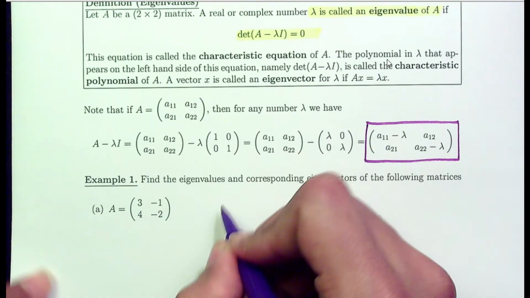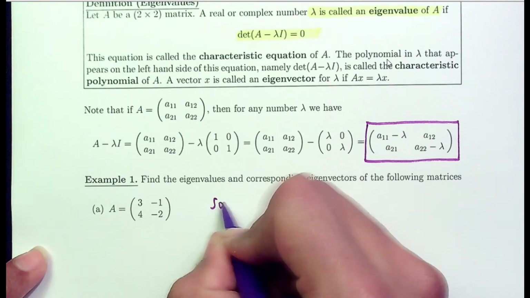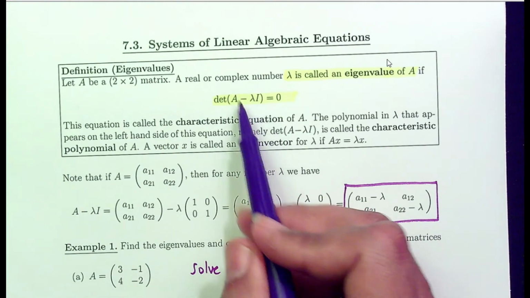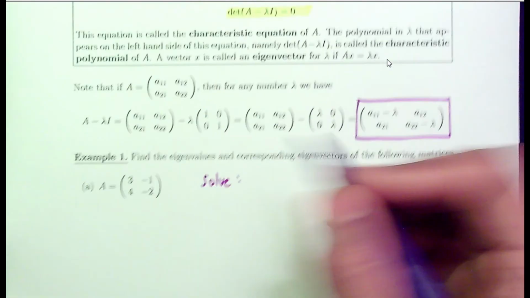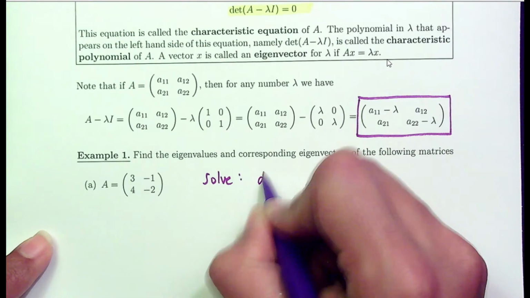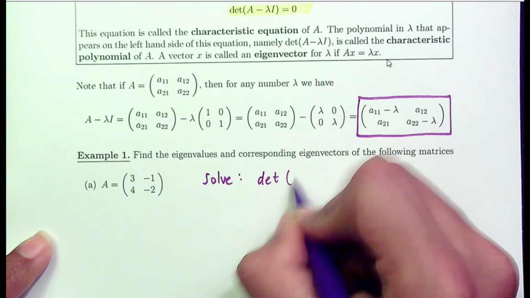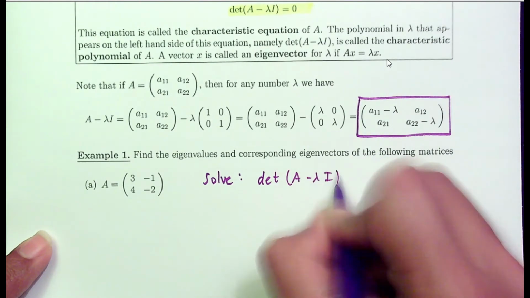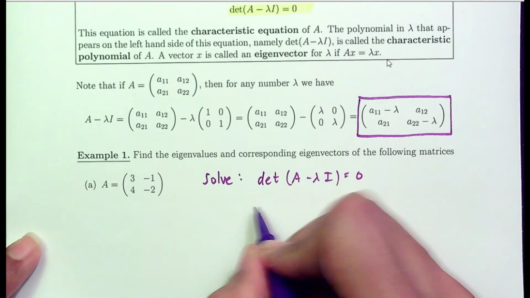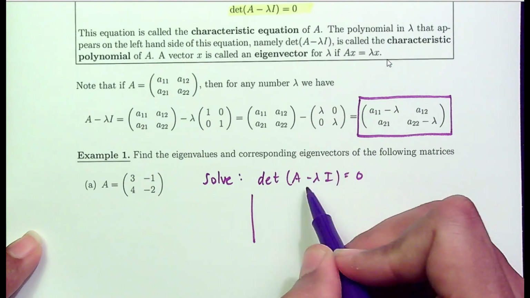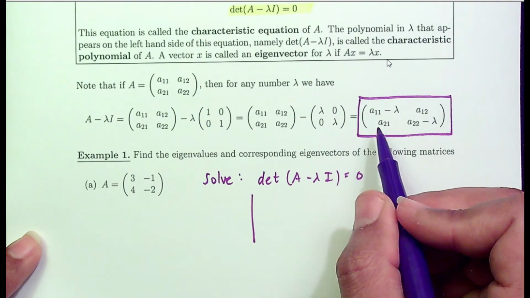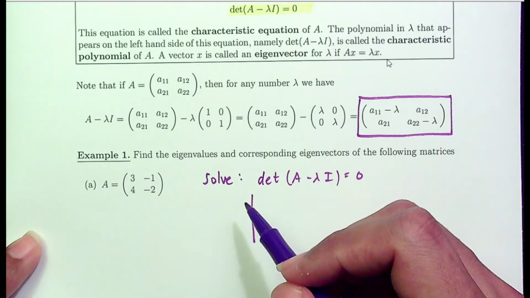So, for example, in this one, our task is to solve this equation: the determinant of A minus lambda I equals 0. Now, A minus lambda I is just you take the matrix A and you subtract lambda across the diagonal.